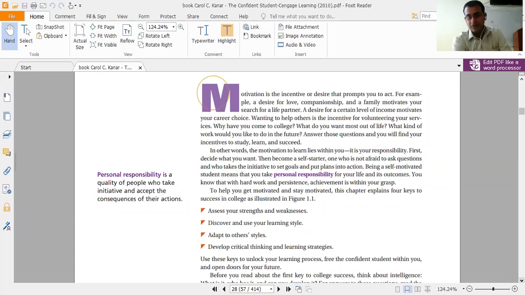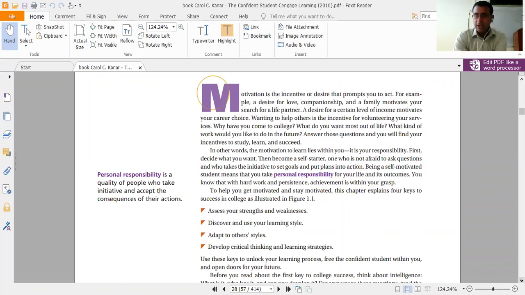So once you are motivated, it means you are going to accept personal responsibility. A confident student is one who is personally responsible. Personal responsibility is the quality of a person who takes initiative and accepts the consequences of his or her actions.